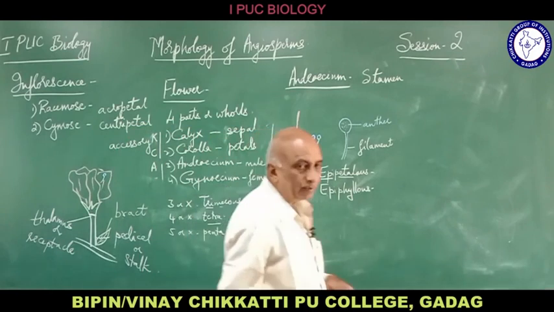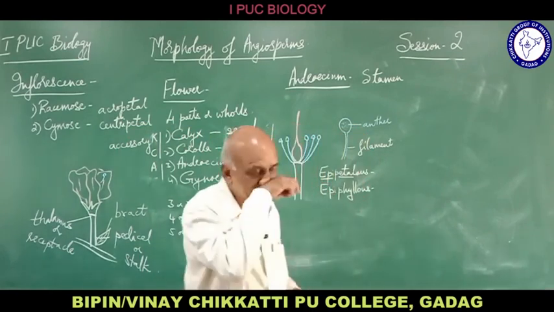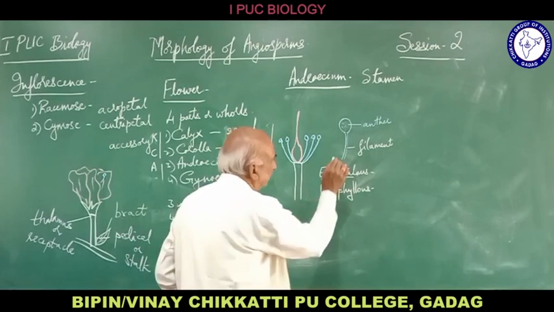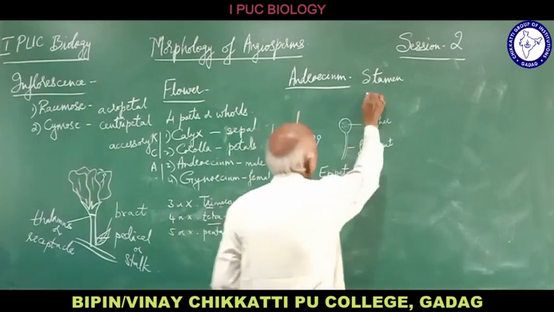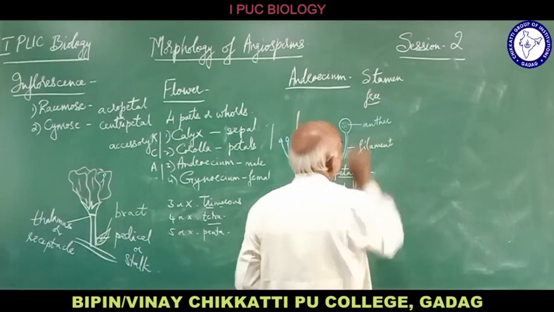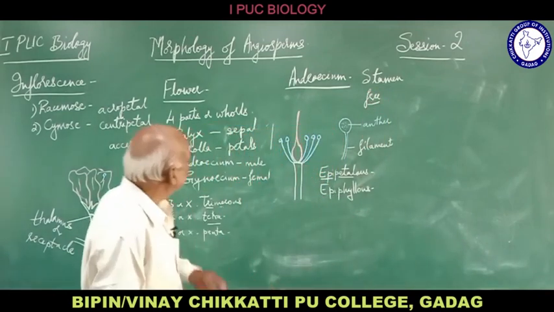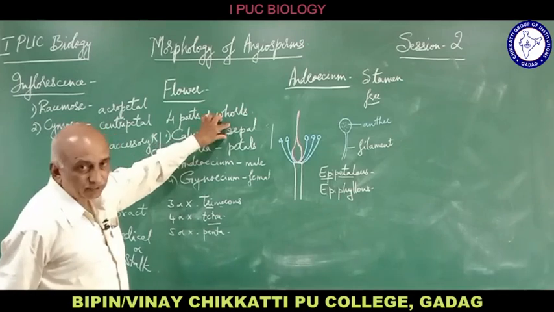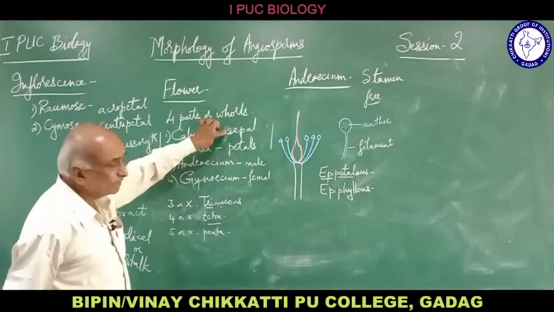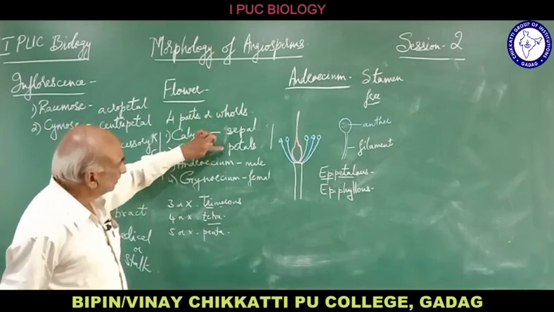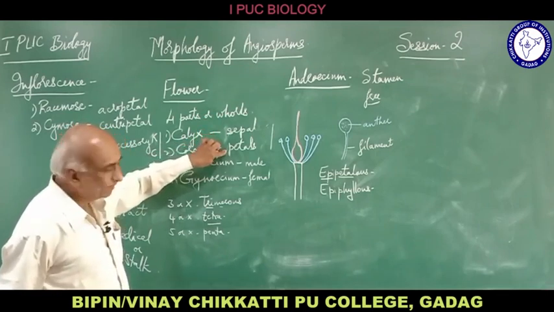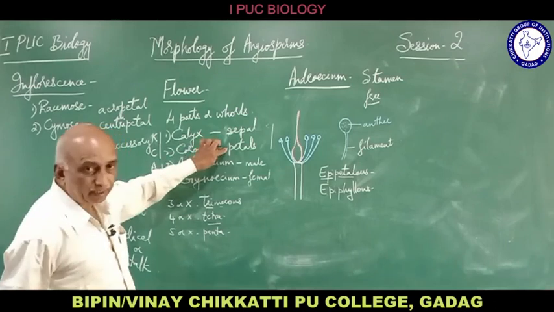Then again, if you come to the arrangement of the stamens, sometimes the stamens may be free. When we refer to the sepals, if the sepals are free, polysepalous; sepals fused, gamosepalous. Similarly, petals, when they are free, polypetalous; when the petals are fused, gamopetalous.